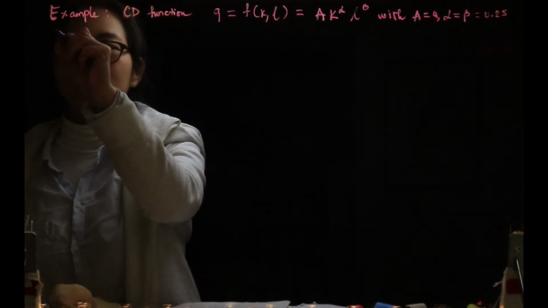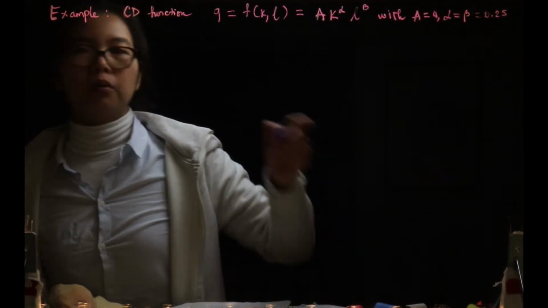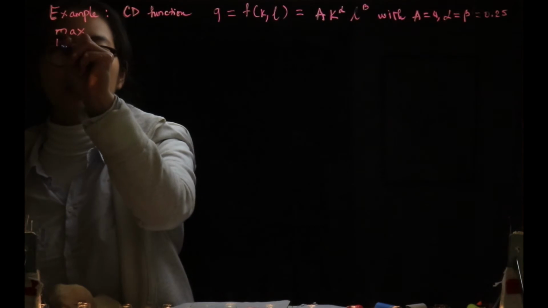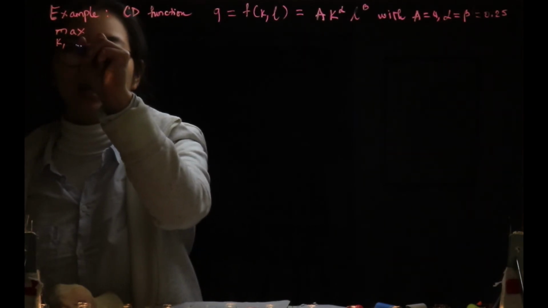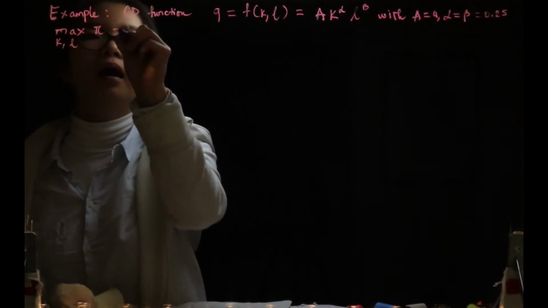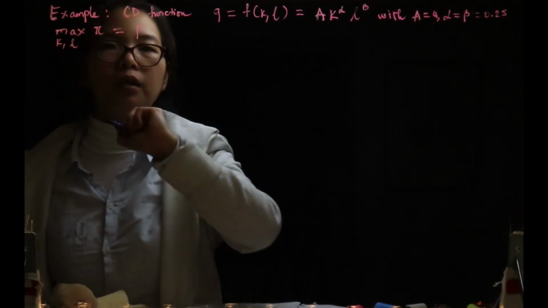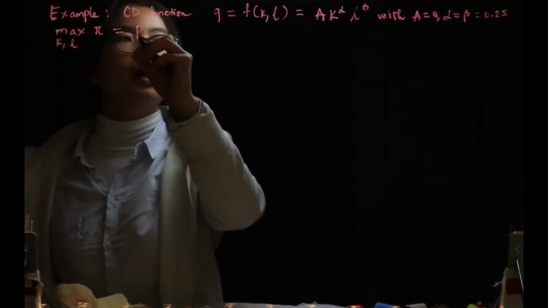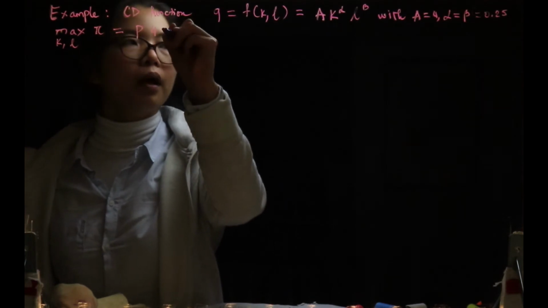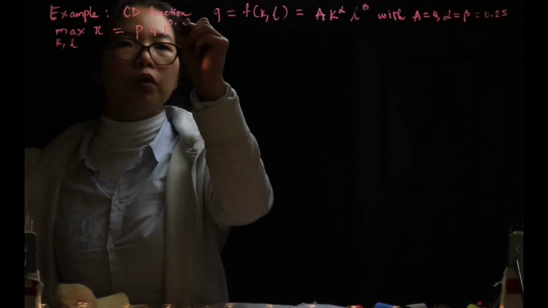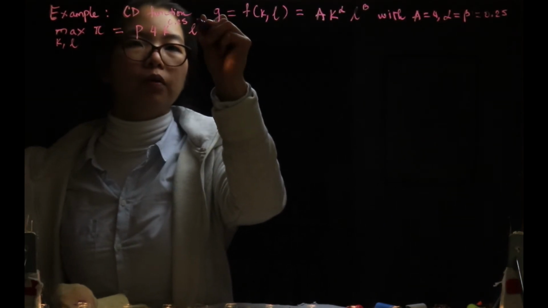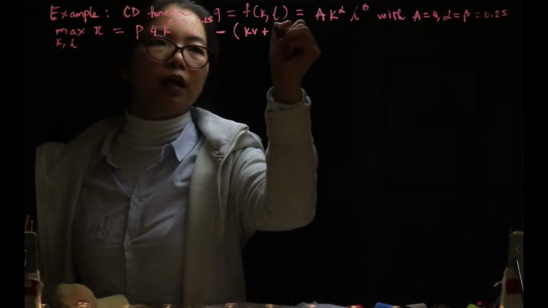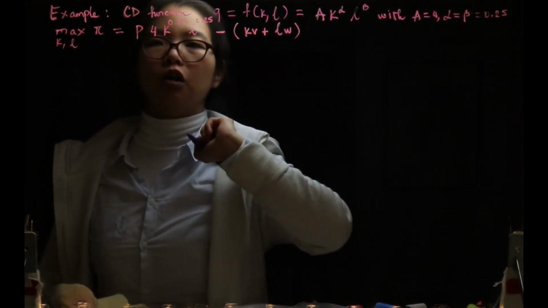So let's put it in our profit maximization problem, now from the input perspective, meaning with respect to K and L. Pi equals P times Q or times F, and in this case F is like this, and we have A equal to 4, K to the power of 0.25 and L to the power of 0.25, minus KV plus LW in brackets, nothing changed over there.